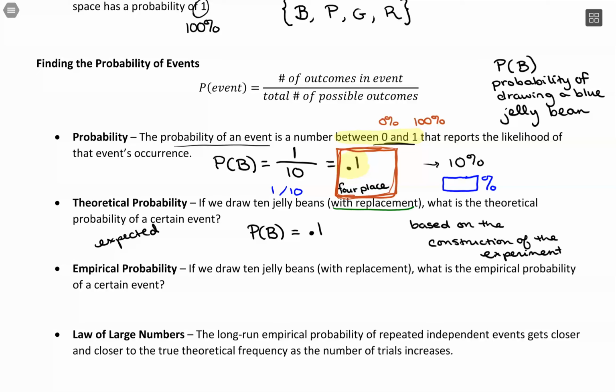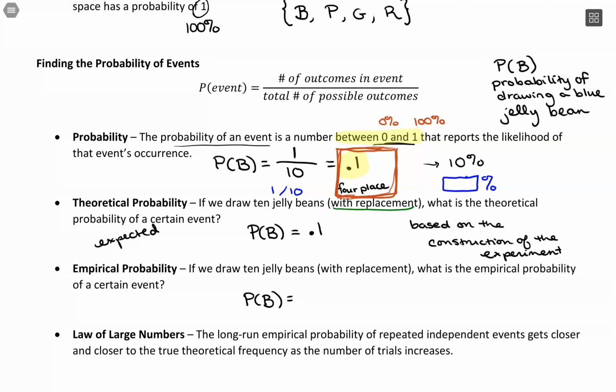Alternatively, there's empirical probability, where we could set up the same idea of drawing 10 jelly beans and putting them back. And if I wanted to look for the probability of a blue jelly bean, this isn't theoretical, it's more what we actually see. So let's say I did this experiment. I got my jelly beans out, I picked 10, and I recorded the color each time.